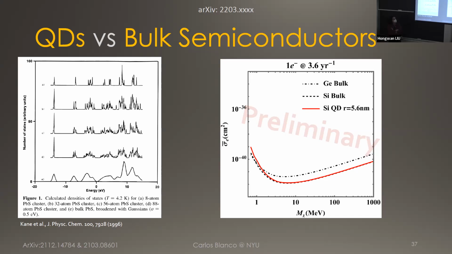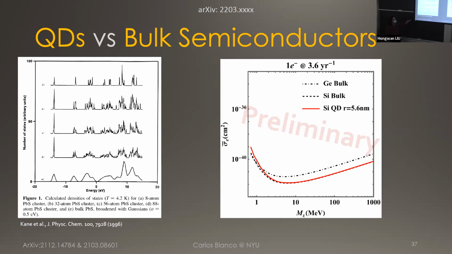And what we see is that it doesn't change it. So we have here 2 bulk semiconductors, germanium and silicon, and superimposed a silicon quantum dot of radius 5.6 nanometers. And we find that as long as you're even a little bit above threshold, these 2 lines are right on top of one another.